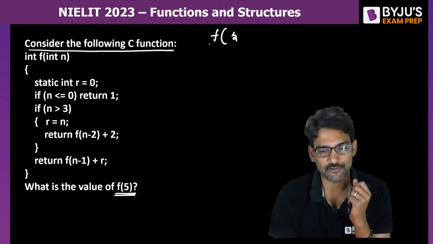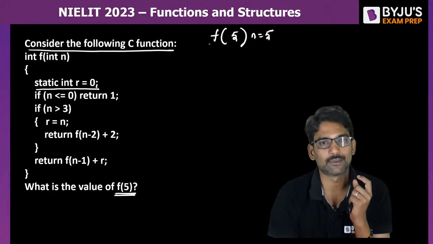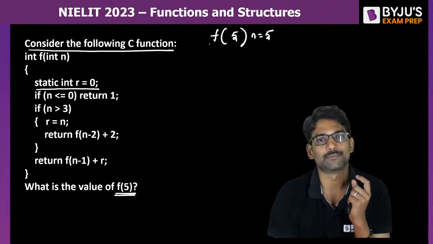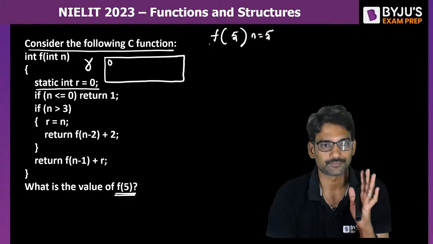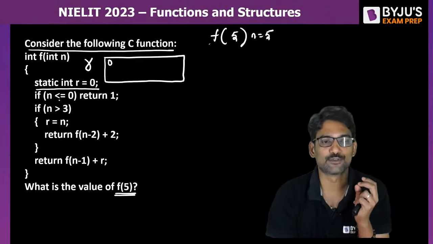F of 5, n value 5. And here there is a static variable. What I said? Static variable is created only once. Total program execution, this variable exists. N less than or equal to 0, false.